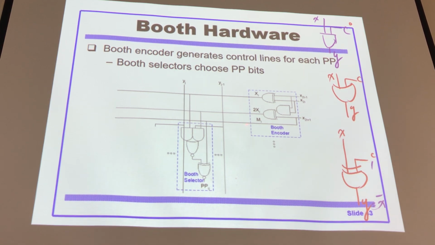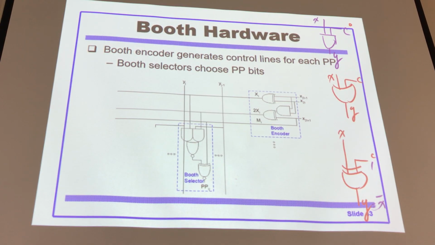So that's the purpose of this XOR gate here. When n is 1, you are doing one's complement.